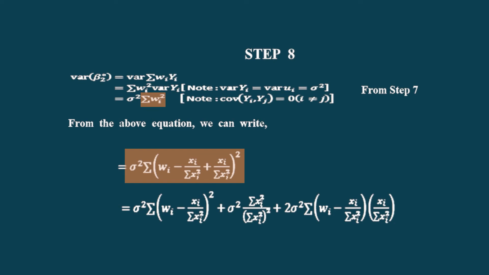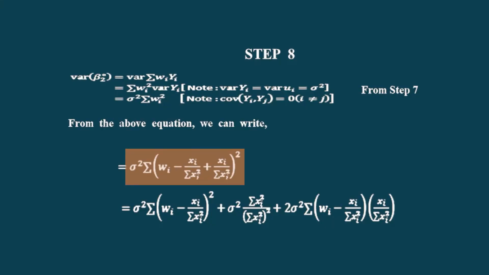These two terms are identically the same, but for the purpose of the derivation we have written minus xi by summation xi square plus xi by summation xi square, so that if we cancel them out, it will eventually boil down to only summation of wi square. But why is it done? It is done to take care of the cross terms, and to obtain an expression of the variance of beta 2 hat.